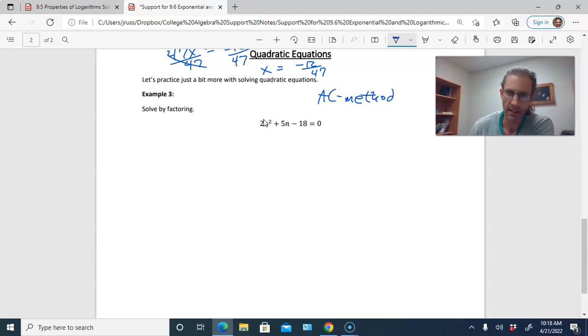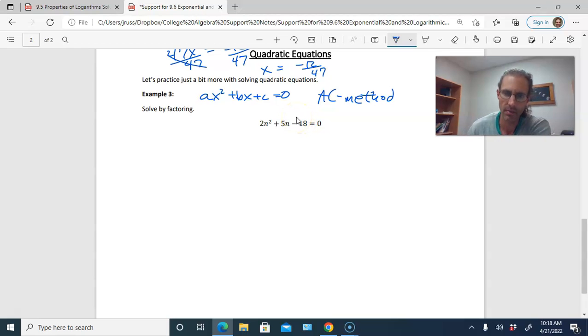You literally take well, first let me write the quadratic equation in standard form, because A, B, and C just refer to the coefficients or the numbers that are in this trinomial here. So you can see that A is 2 and C is negative 18.